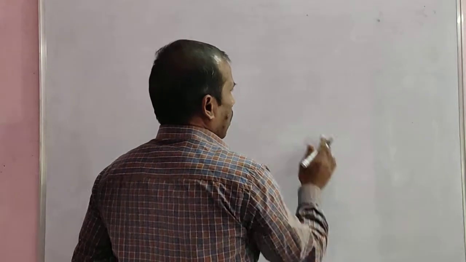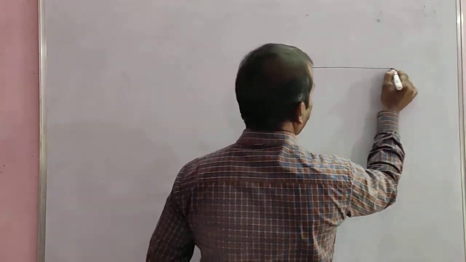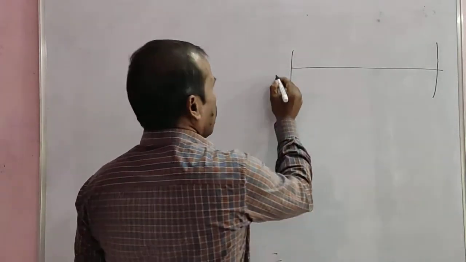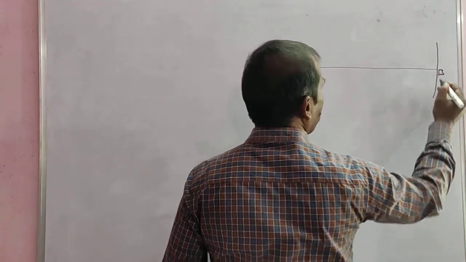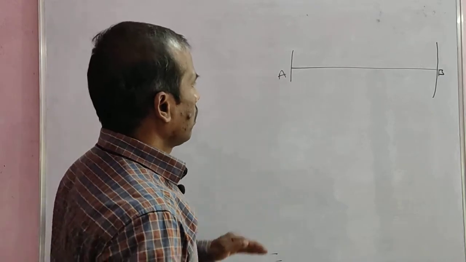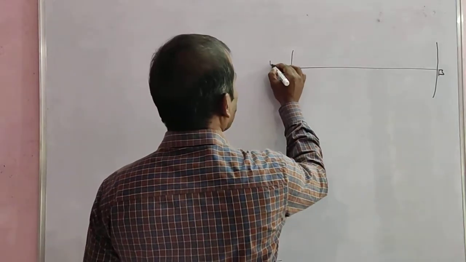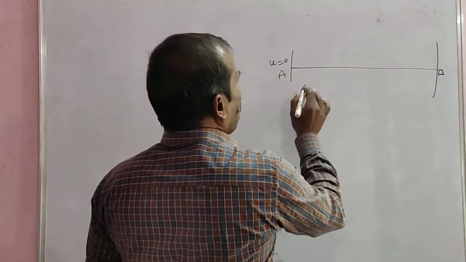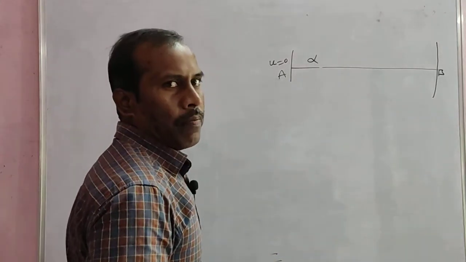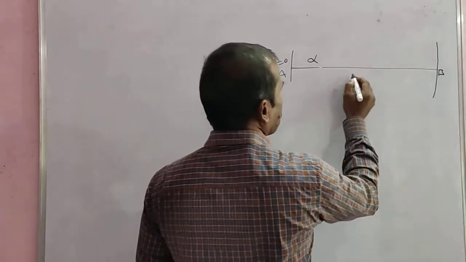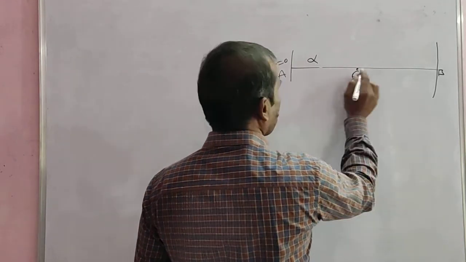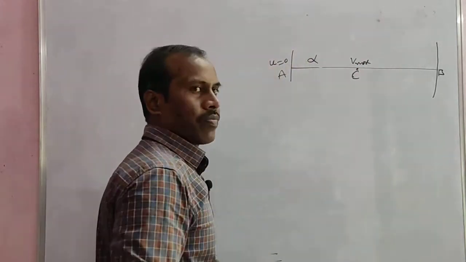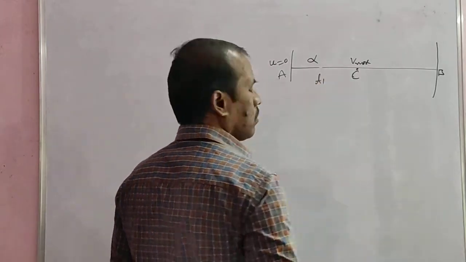Listen carefully, the bus moving along the straight line, ending point, for example B. The body starting from rest, that means 0, starting from rest according to the problem, moving with constant acceleration alpha, to reach the maximum velocity at point C. Time taken, for example t1.